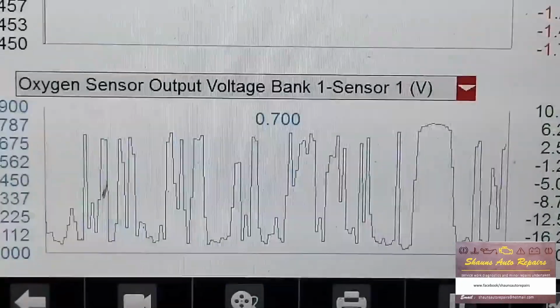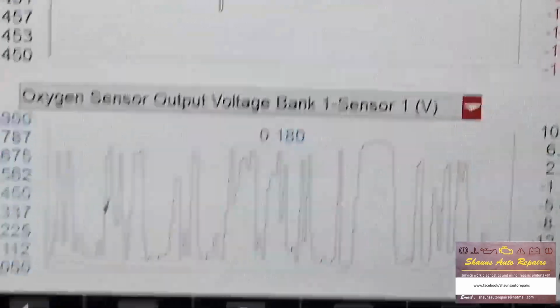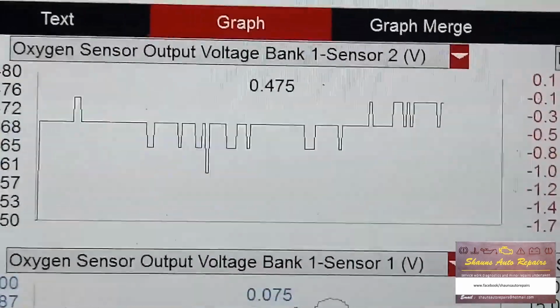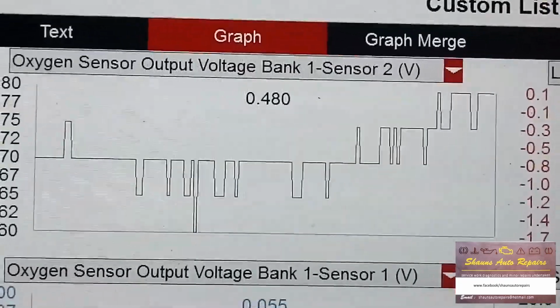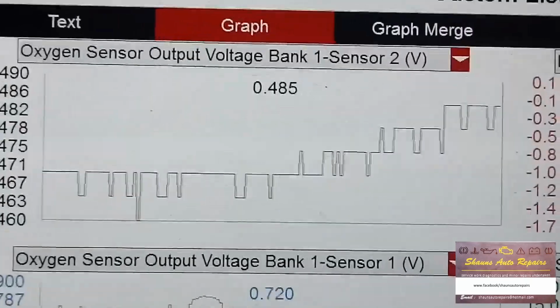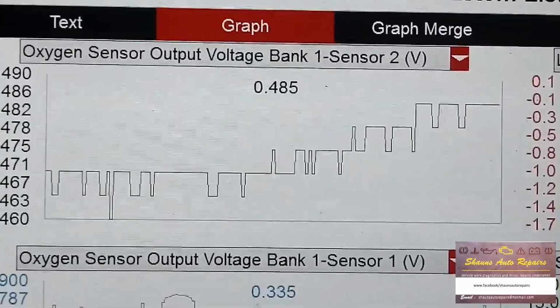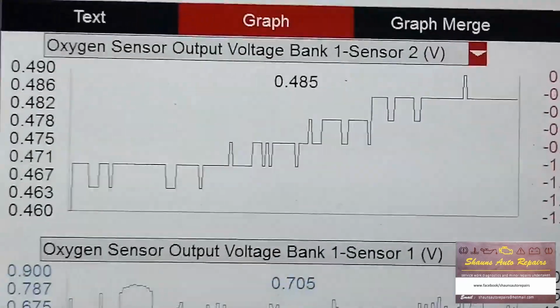If that was following the same wave pattern as bank 1 sensor 1, then it would indicate that the cat is no good or below efficiency, but as it's nice and steady, the cat is doing its job. It does sound like there's a bit of an exhaust blow on it, so we'll have a look at that afterwards.